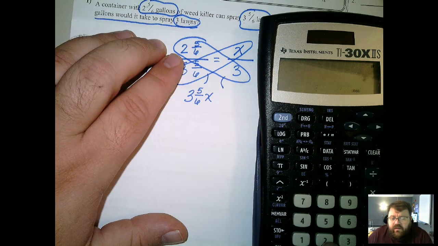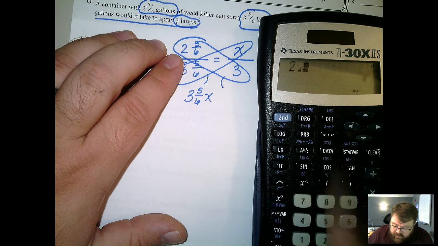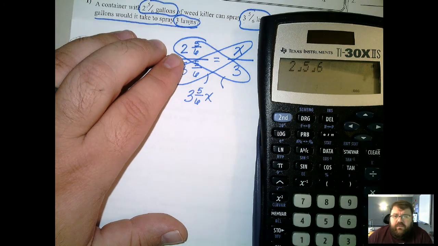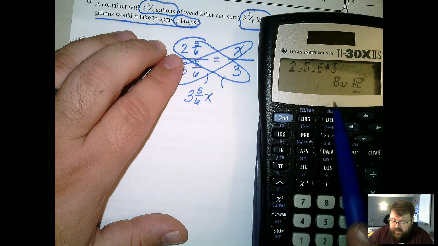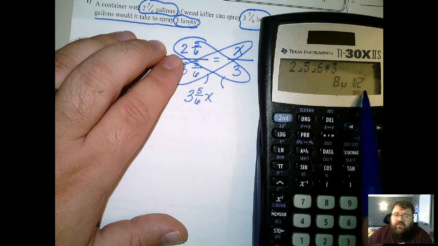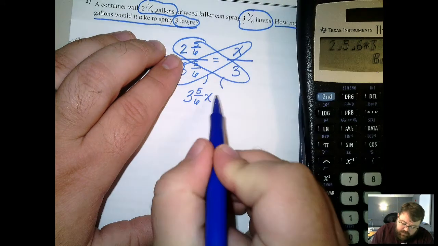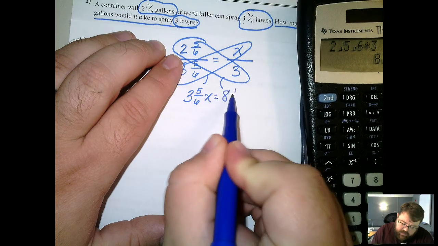The way I put that in is 2 ABC, 5 ABC, 6, times 3, and I get 8 1/2. So equals 8 1/2.